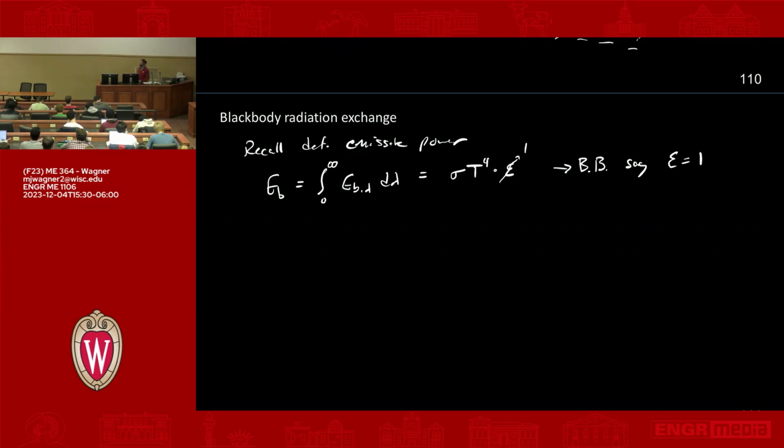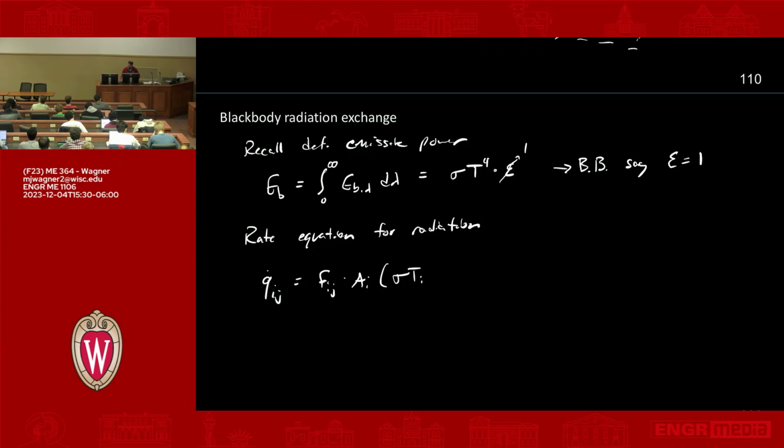So what we can do with this is note that we can rewrite our expression. I think I maybe got to this a little bit last time, but we can rewrite our rate equation for radiation as follows. Q dot from surface i to surface j is equal to the view factor, F, from surface i to surface j, times A_i times sigma T_i to the fourth minus sigma T_j to the fourth.